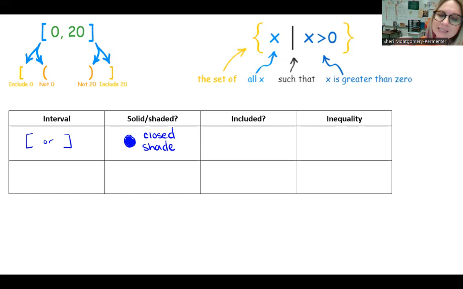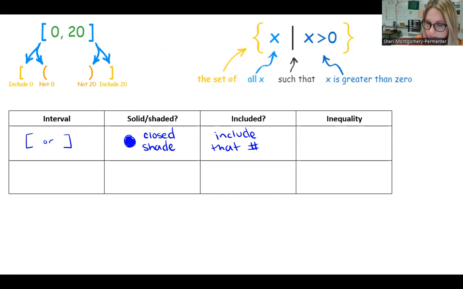The next part, if it says it's included or not included, anytime that you shade, you include that point. Or you include that number. You would include that number.